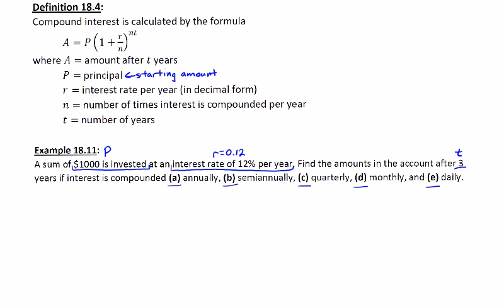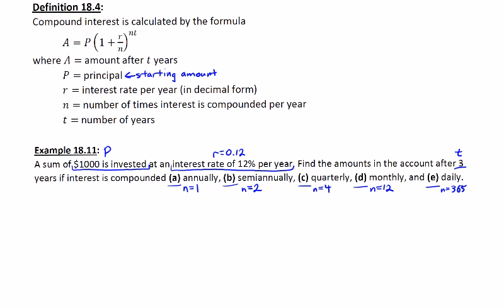So when we have an annual compounding schedule, that means we only compound once a year. That would be n equals 1. Semi-annual compounding schedule means that we're going to do it twice a year, n equals 2. Quarterly, 4 times a year, n equals 4. Monthly, n equals 12. And then daily would be n equals 365.